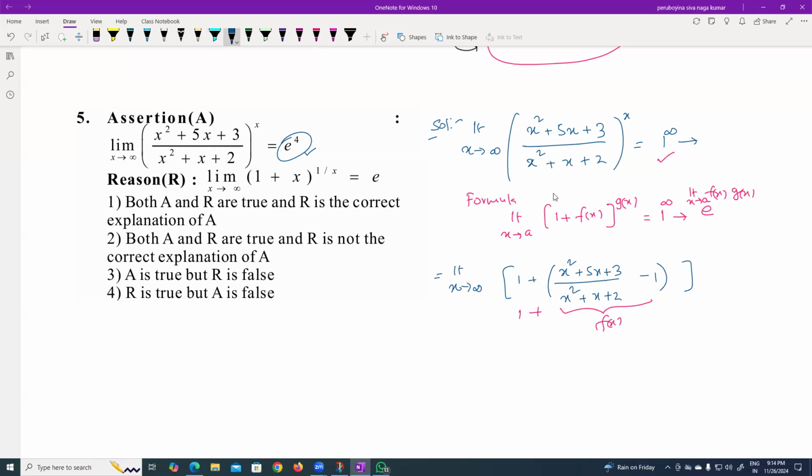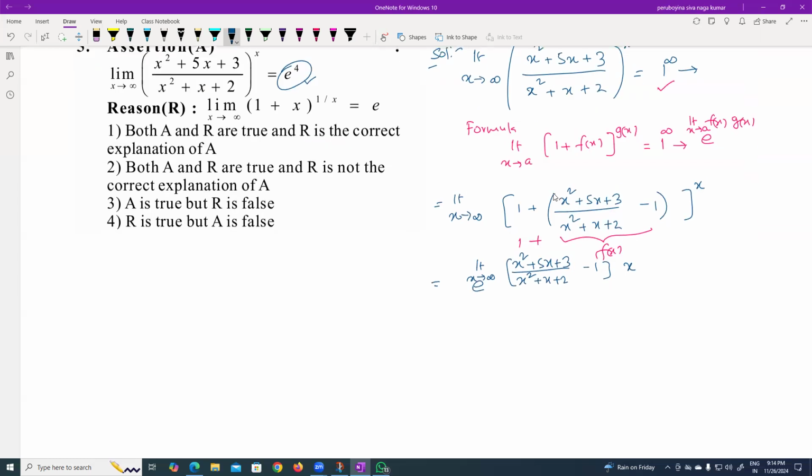And the whole power g of x was just x. So according to the scenario, e power, the same limit x tends to infinity, f of x into g of x means (x square plus 5x plus 3) divided by (x square plus x plus 2) minus 1, and it was multiplied with x.